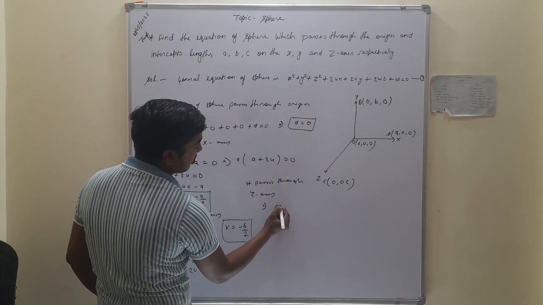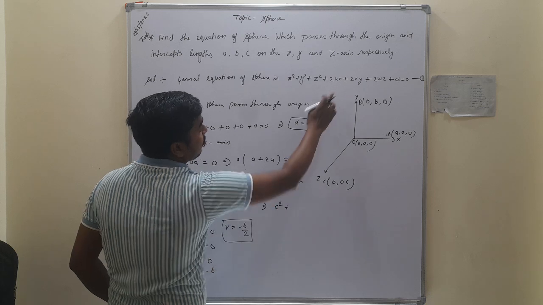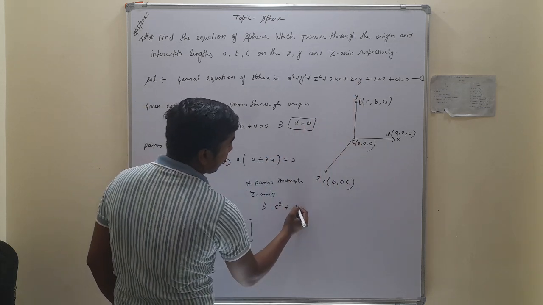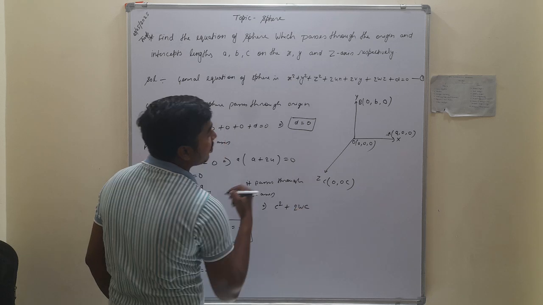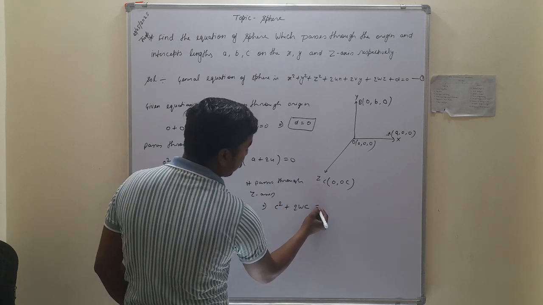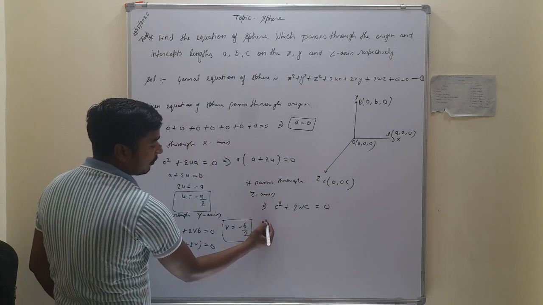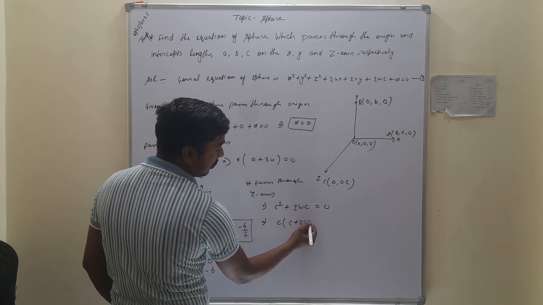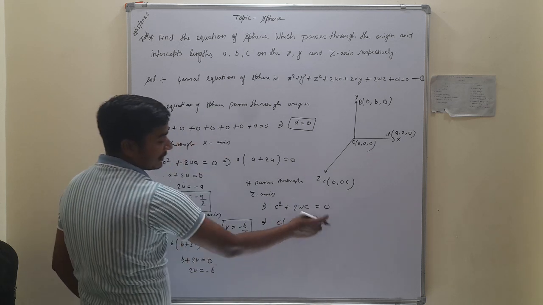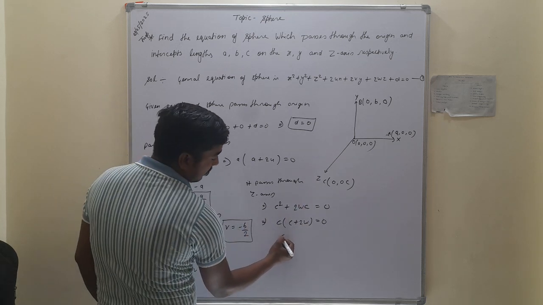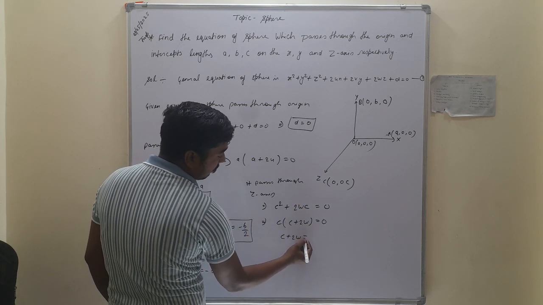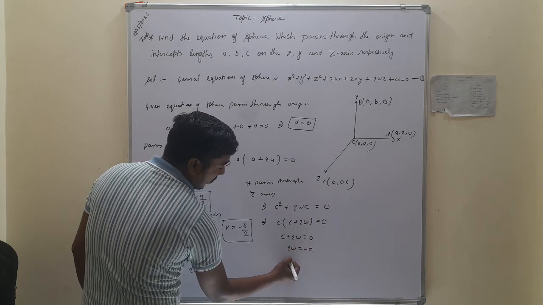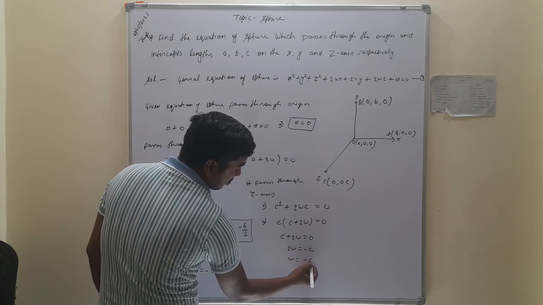So we get c squared plus 2ux is 0, 2vy is 0, 2wz becomes 2wc, and d is already 0. Taking c common from the left-hand side, this is c times c plus 2w is equal to 0. Dividing by c, we get c plus 2w is equal to 0, so 2w is equal to minus c and w is equal to minus c by 2.